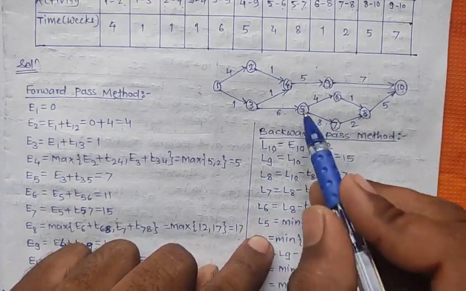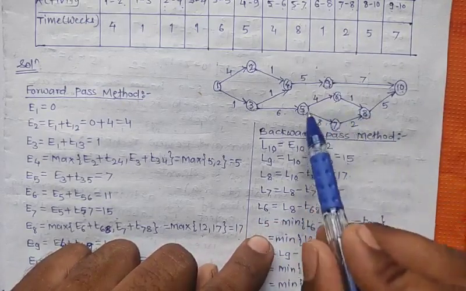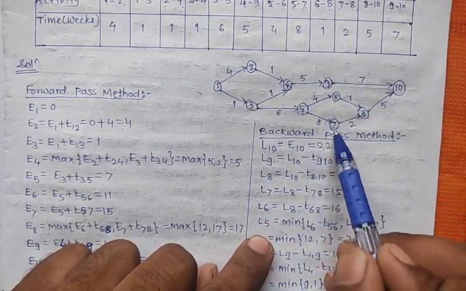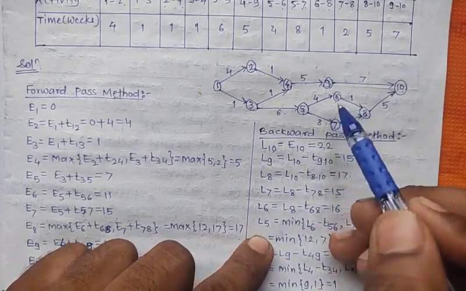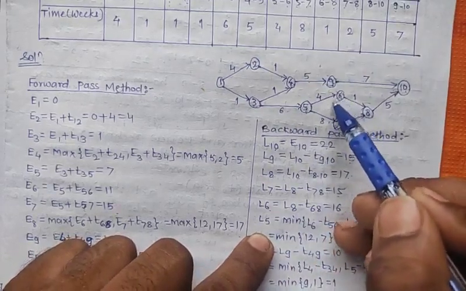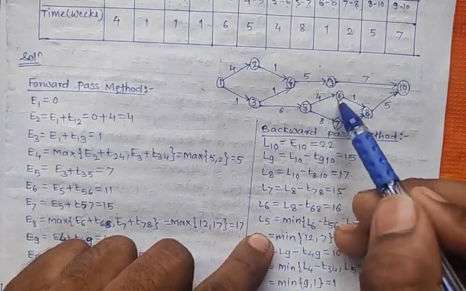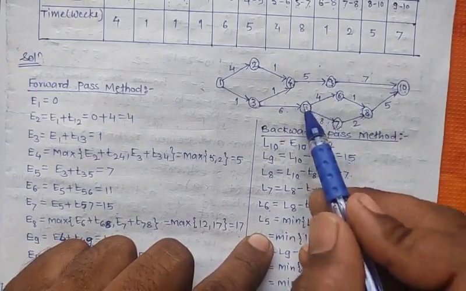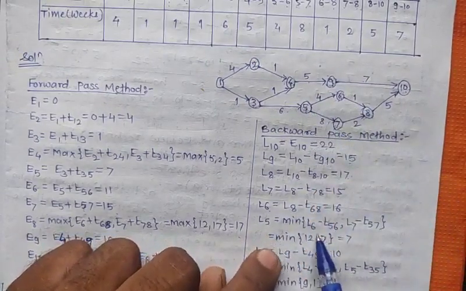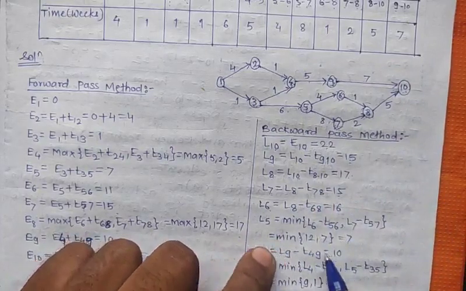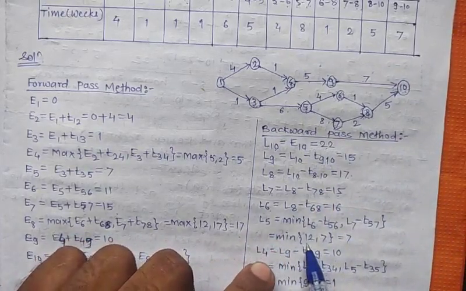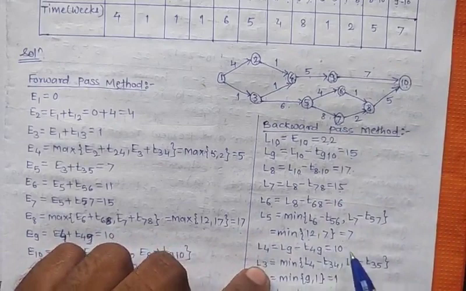Now for L5, from L5 there are two outgoing arrows, to the 6th and 7th events. So we take the minimum between these two: L6 minus T56 and L7 minus T57. After substituting the values, we get the minimum between 12 and 7, which is 7.